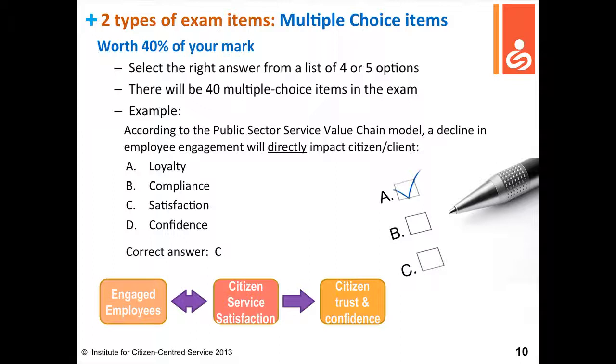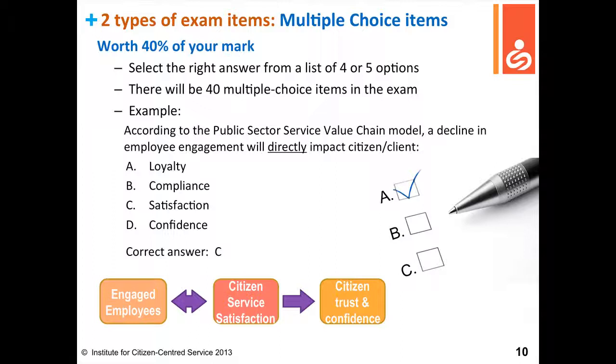So in this question, they're saying a decline in employee engagement will directly impact something. Well, the direct impact is from the first link to the second link. It's an indirect impact to get to the third link. So that's what makes satisfaction the correct answer in this example.